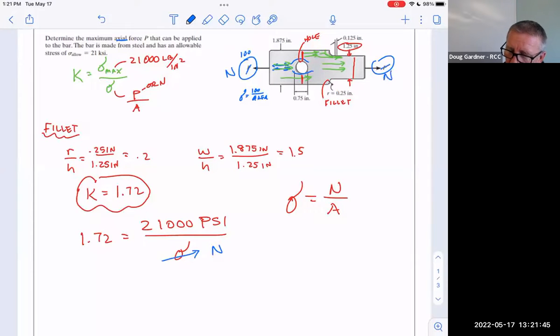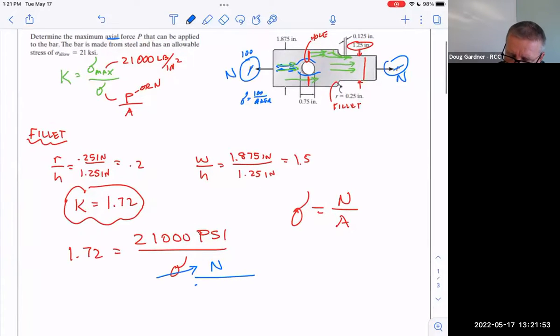What is that supposed to stand for? It doesn't stand for anything. And the area on the bottom is, well, how tall was this thing? 1.25 inches. And we said its width was 0.125 inches, wasn't it? So isn't that the area of the rectangle that's over there? You okay with that?